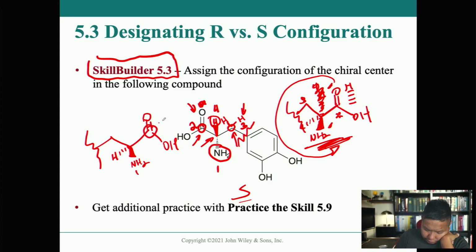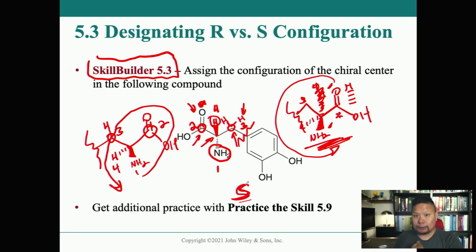For this carbon right here, it's 2 because it's got the oxygen connected to it. For this carbon here, it's 3 because it has hydrogens connected to it. And then you have 4. So 1, 2, 3, 4. And that's counterclockwise. So that is an S configuration. Okay?